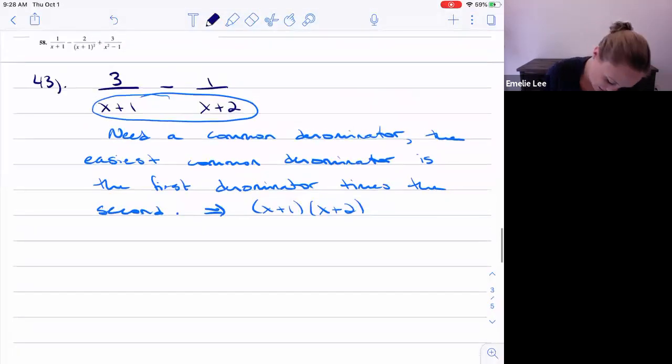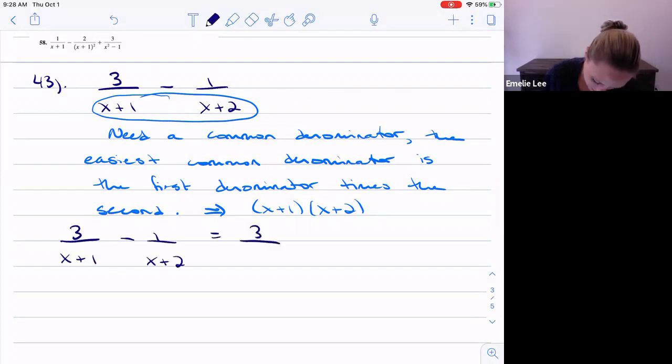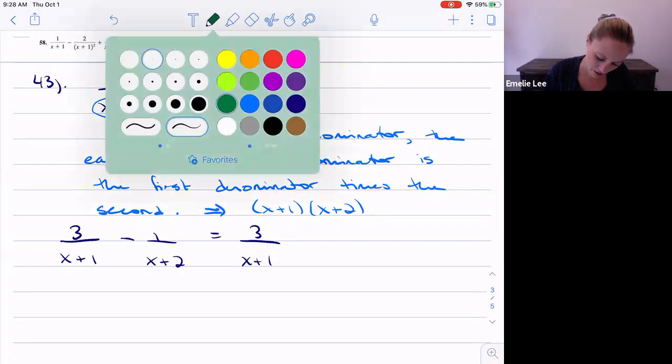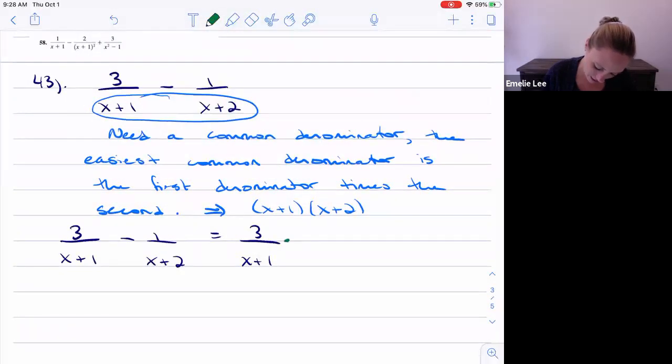So what that means is, I'll rewrite it out here, 3 over x plus 1 minus 1 over x plus 2 is going to be 3 over x plus 1. To get that common denominator, I'm going to multiply by x plus 2 over x plus 2.